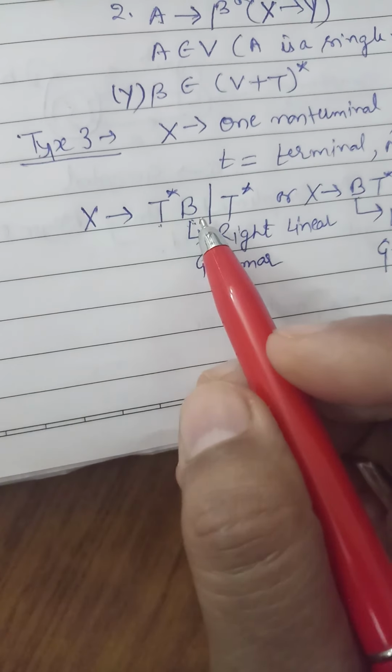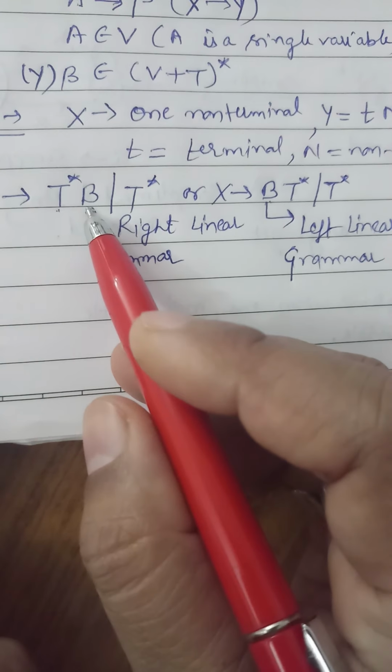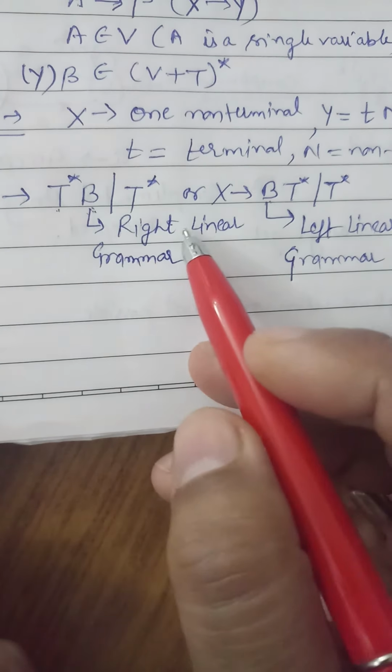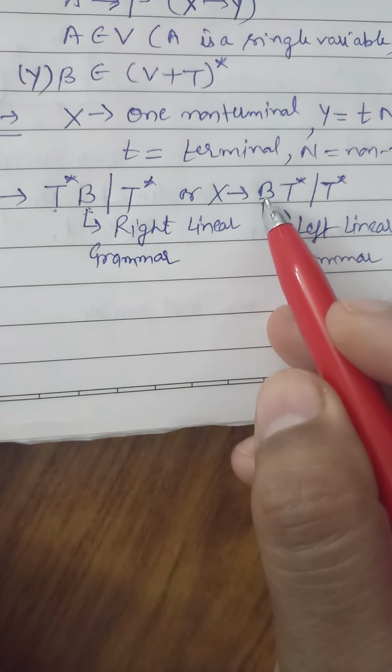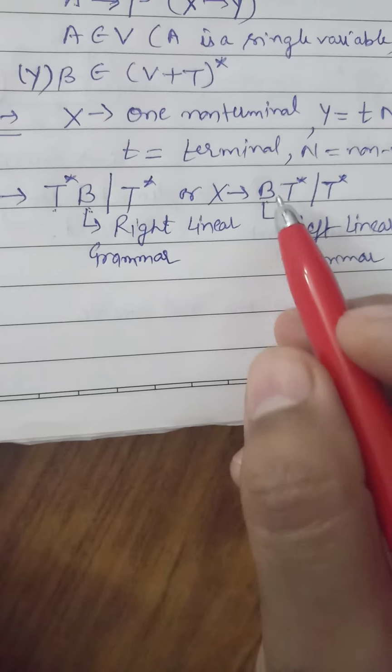Non-terminal represents variable. Because the variable is on the right hand side, this is right linear grammar. Here the variable is on the left hand side, that's why it is left linear grammar.